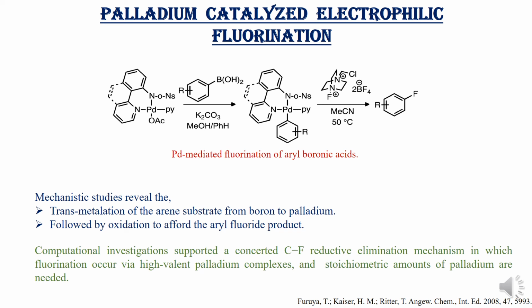We get an aryl platinum complex, which was further followed by the oxidative addition by using Selectfluor, and then through reductive elimination we get our desired aryl fluoride complex. After the mechanistic studies, computational investigations were also carried out for this process, and the results showed that the high valent platinum complex was required, and a stoichiometric amount of platinum was needed to undergo such an electrophilic fluorination reaction.